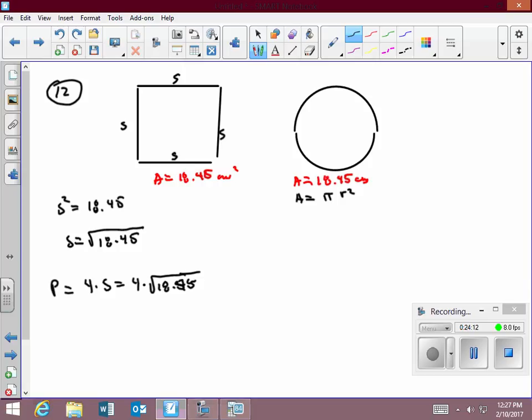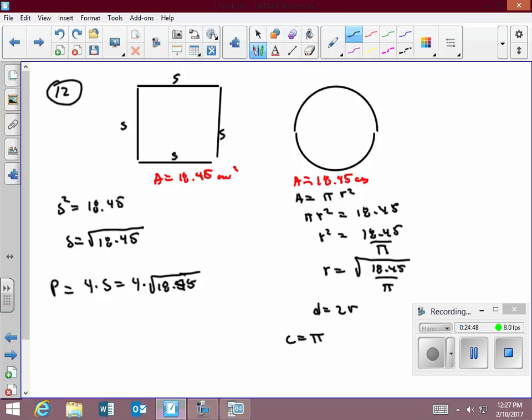So if pi r squared equals 18.45, r squared is 18.45 over pi. r is the square root of 18.45 over pi, and the diameter is going to be 2 times r, and the circumference is pi times the diameter.